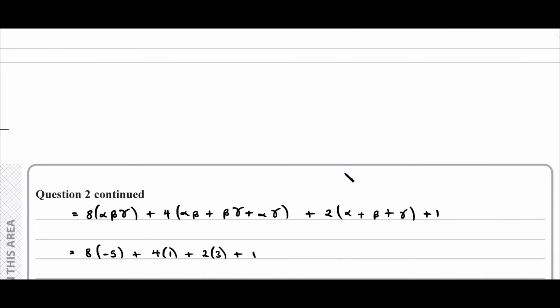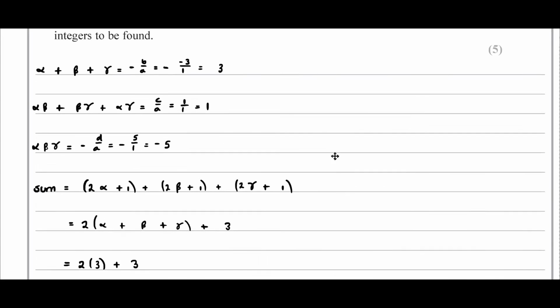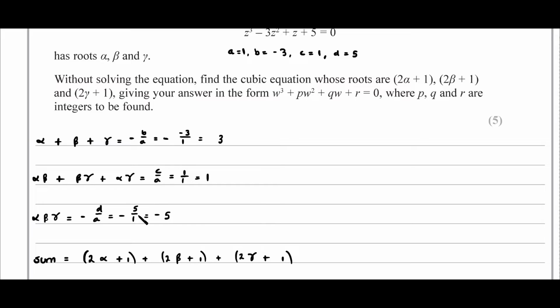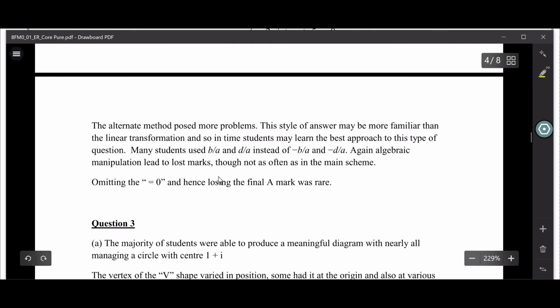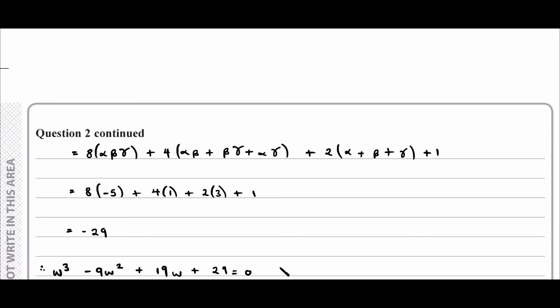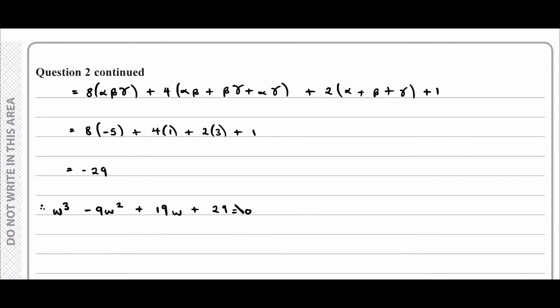So with my method, that's referring to basically this bit over here. And again, there were algebraic manipulation problems. And omitting the equals 0 and hence losing the final answer mark was rare. So what that means is basically make sure you include an equals 0.